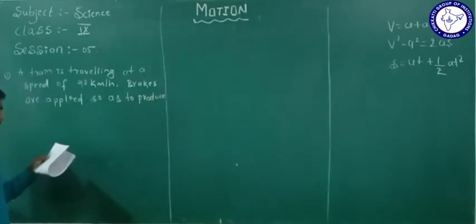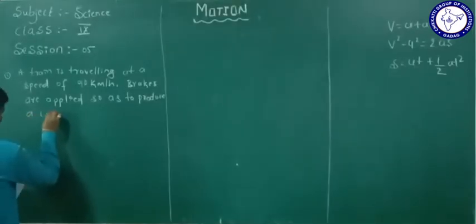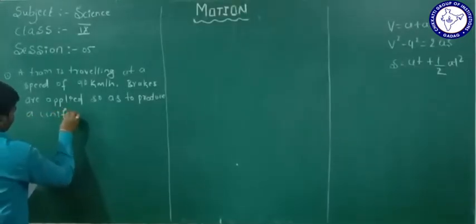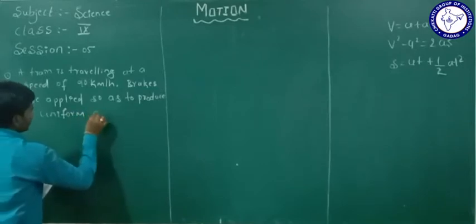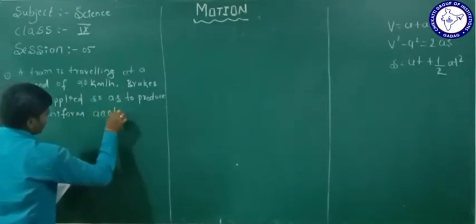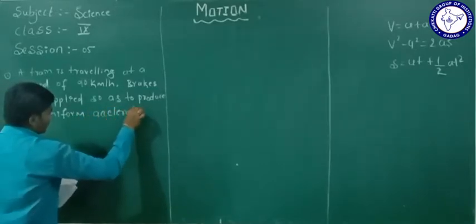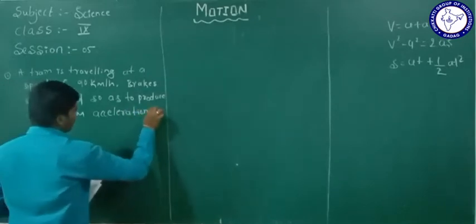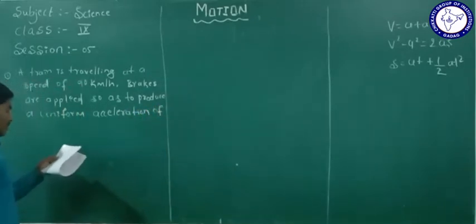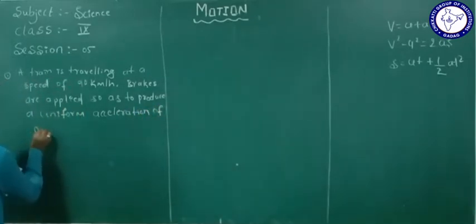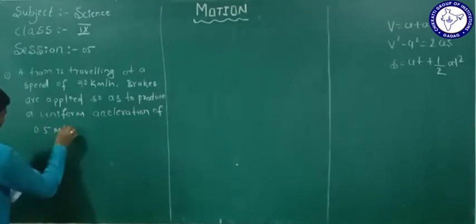Brakes are applied so as to produce a uniform acceleration of 0.5 meter per second square.